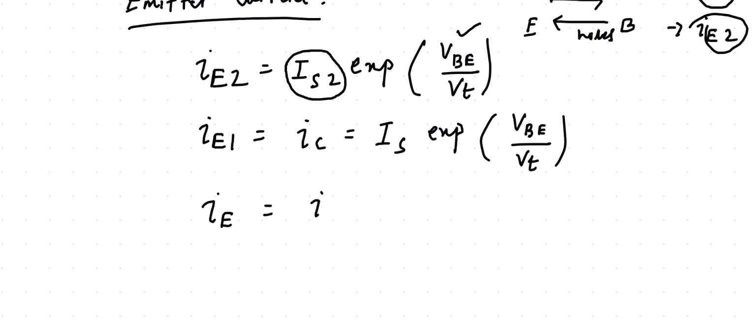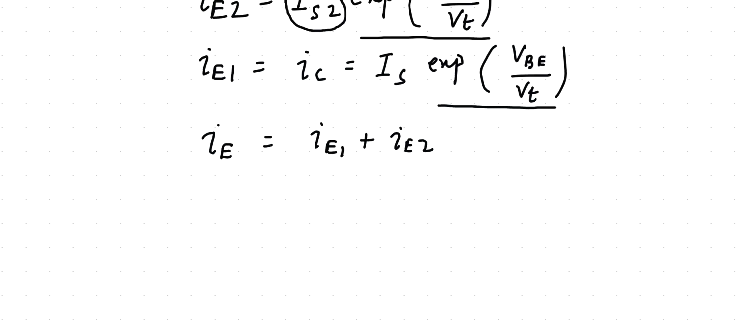So here one thing you can see is that our IE, the total emitter current, is because of both the components IE1 and IE2, and both of them depend upon the exponential e to the power VBE by VT. We have already obtained that IC is directly proportional to exponential of VBE by VT, and IE also.